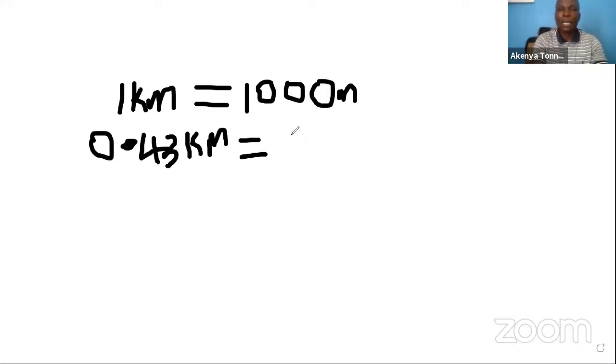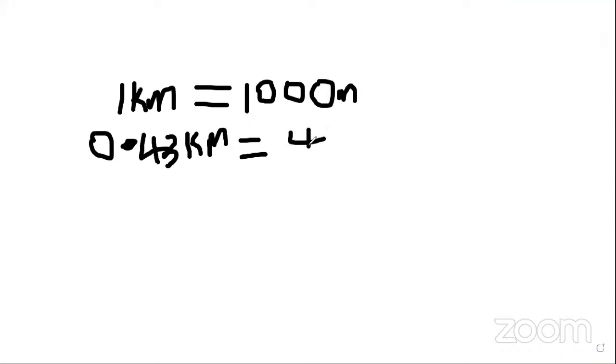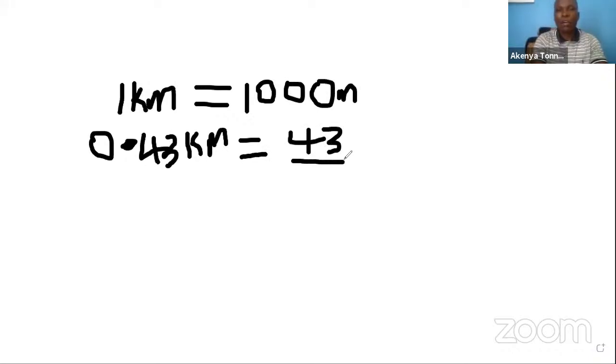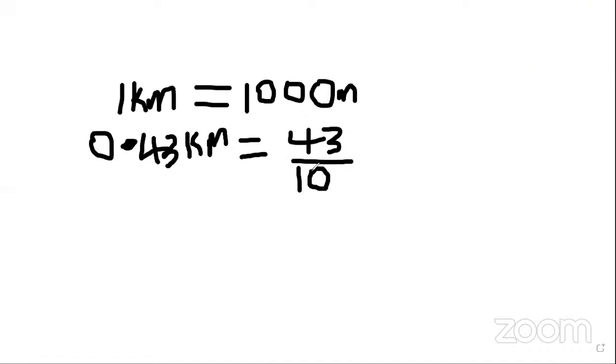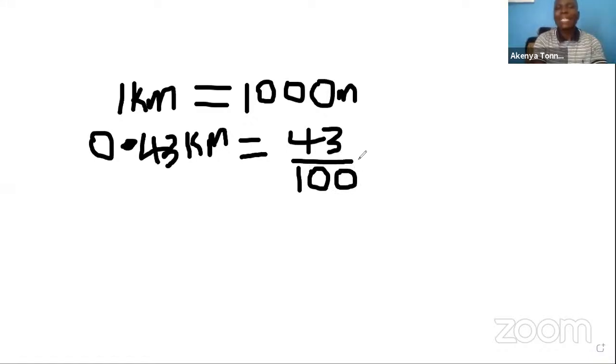Can you explain how you have arrived to 43? 43 out of 100. So members, we can change this decimal point direct, just direct. Now listen to me carefully.